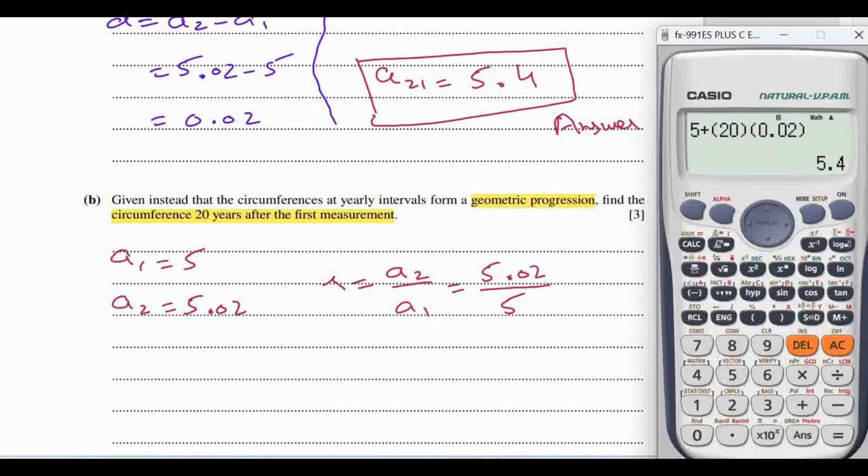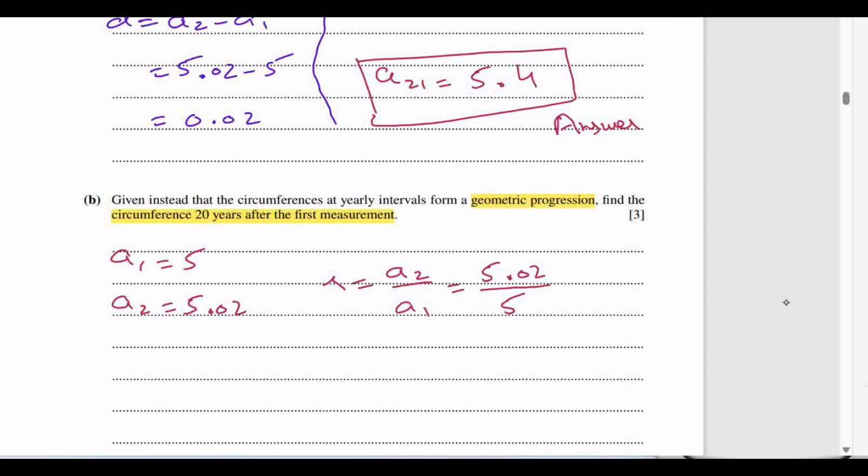So let me find out this one. This will be 5.02 divided by 5, so 1.004. So R will be equal to 1.004. Now as we can see, this is a geometric progression. So for geometric progression, An will be equal to A1 into R to the power n minus 1.